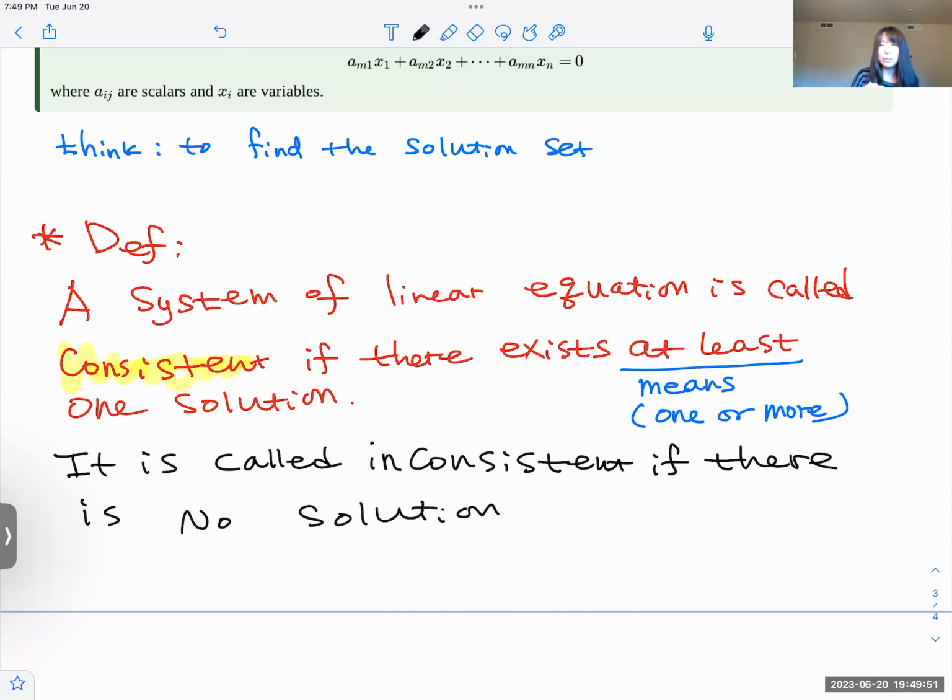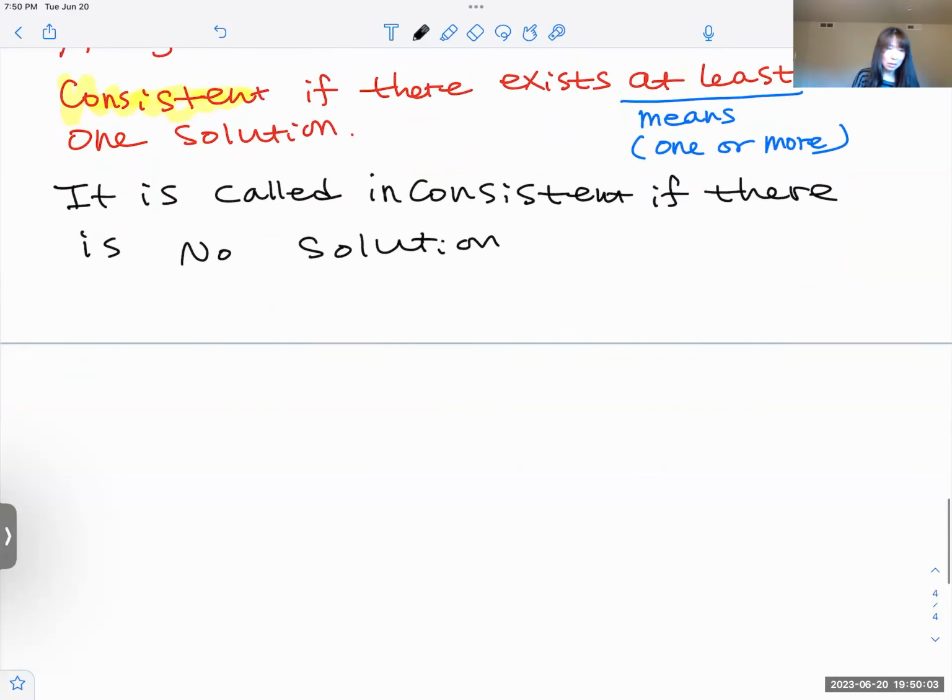So this terminology is from the algebra course, right? Consistent, inconsistent.